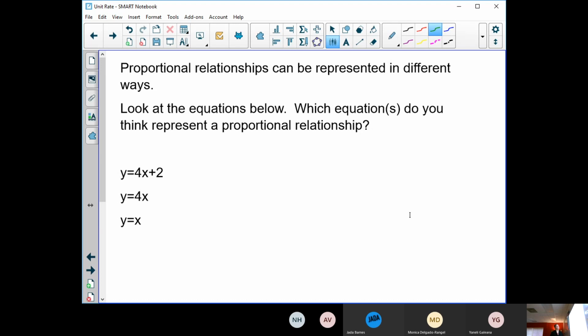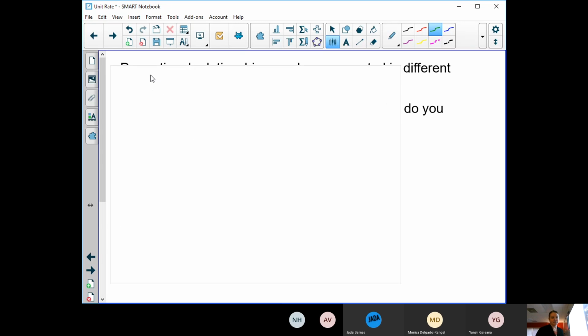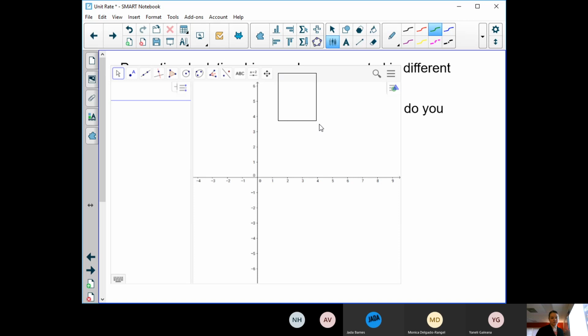Nathan, why do you think it's not proportional? Okay, it doesn't show a number. Are there any others that we think are not proportional?